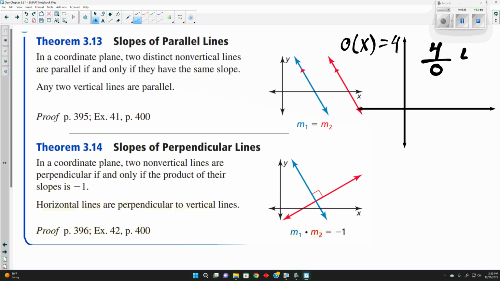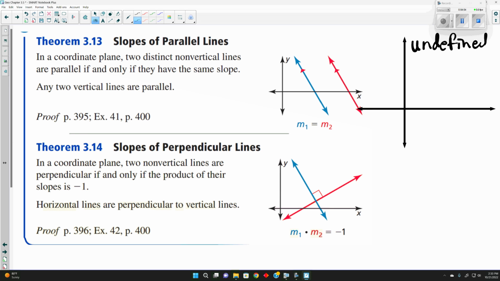There is none, because anything times 0 is 0. So what we're saying here is we're dividing both sides by 0. So is it possible to divide by 0? No. So this straight up and down line is defined to be undefined. The slope of a vertical line is undefined.